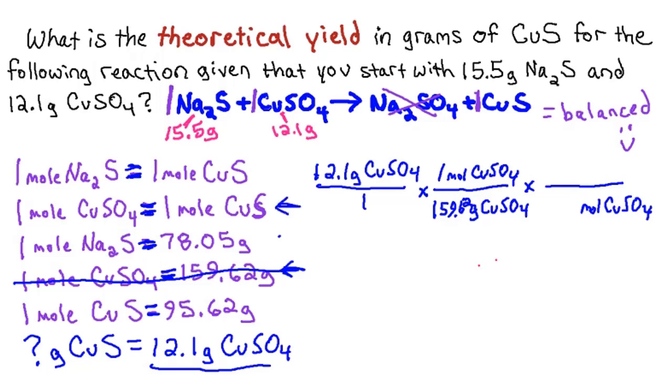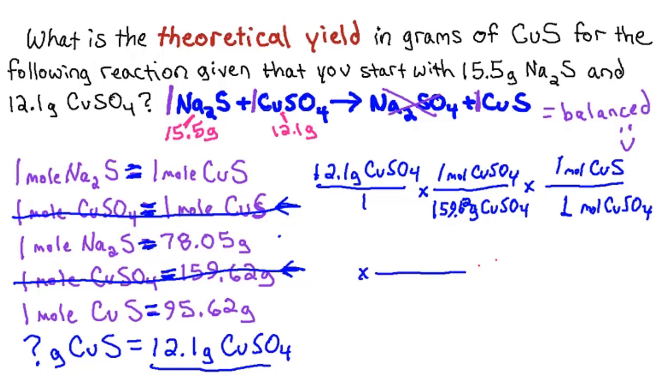We have 1 mole of CuSO4, so we're going to write 1 down. And then on the top side of the fraction bar is going to be the 1 mole of CuS. So we used that. And then I ran out of room again, so I'm coming down here.